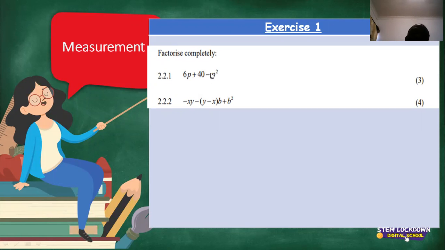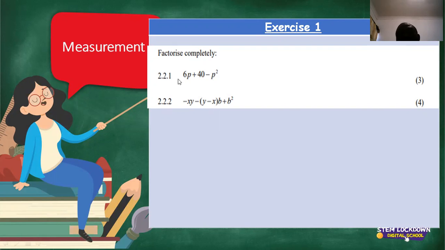So what we do is try to rearrange it, or factorize with a -1, so that we have a positive p squared, then -6p and -40. To get that, we factorize with -1.